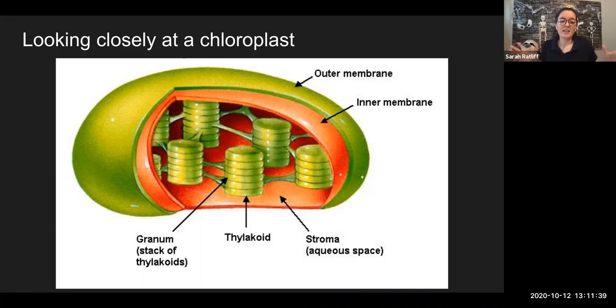What they're in is something called stroma. It's like this aqueous solution. It's water-based, and it's kind of like the cytoplasm in a cell. It makes sure everything is cozy and happy. They're not moving around and flopping and getting shaken up. So the stroma is like this aqueous space that things are chilling in, all right?